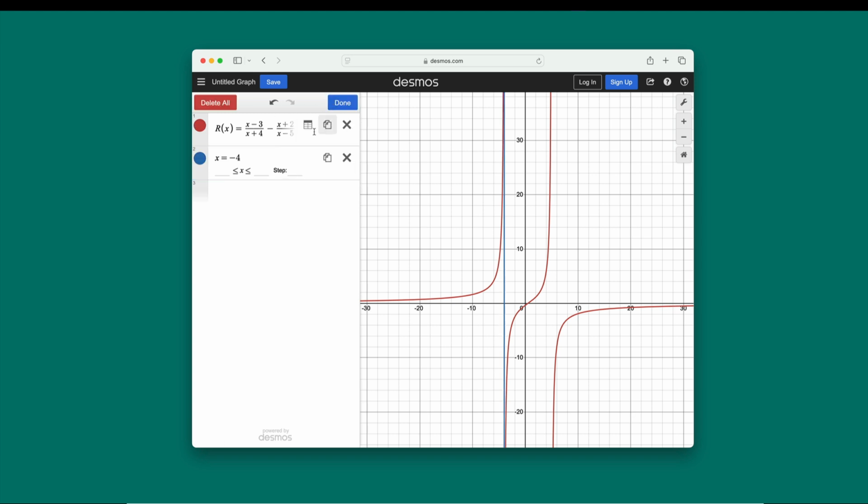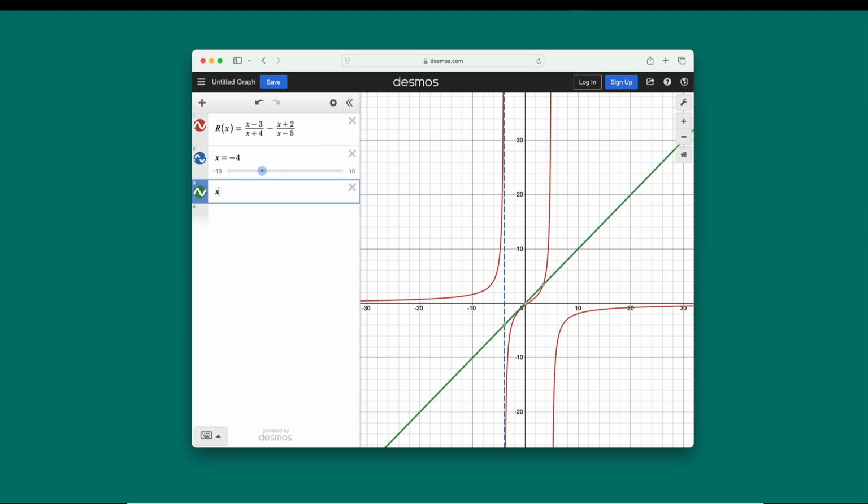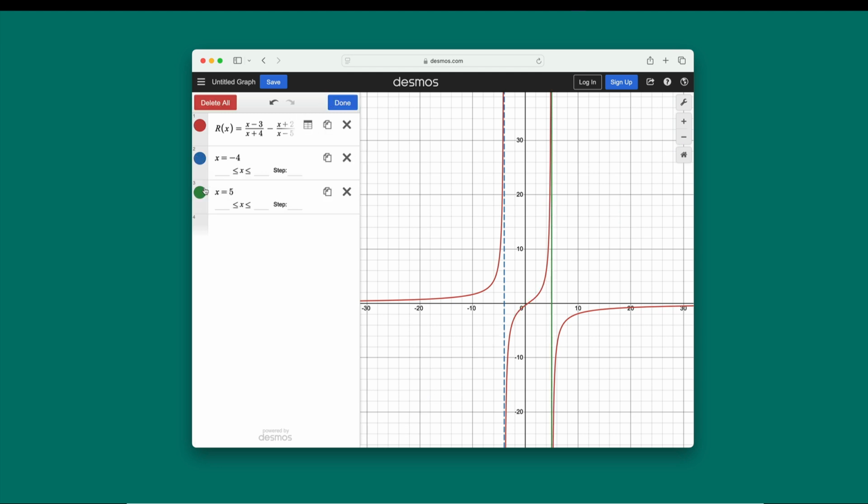I'm going to go ahead and dot it. Next, we know that we had something right here as well, which was at x equal to 5. I'm going to make that the same color and dot it as well. Okay, so that's what our graph looked like.